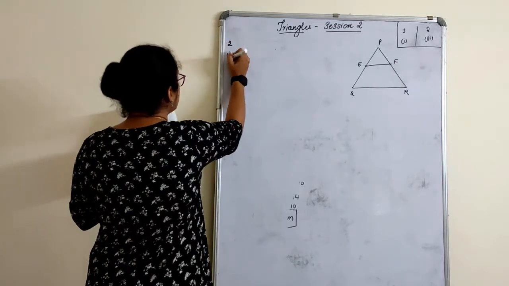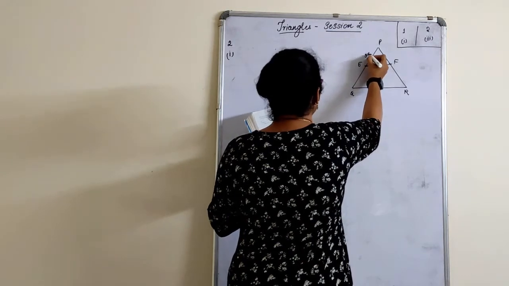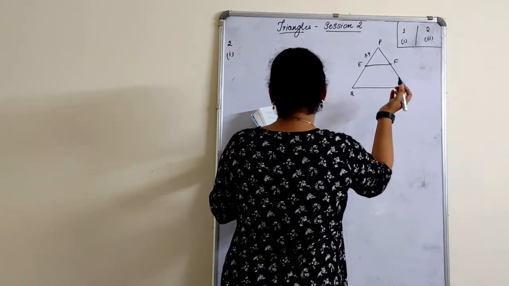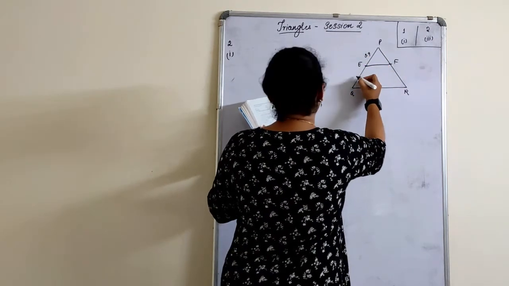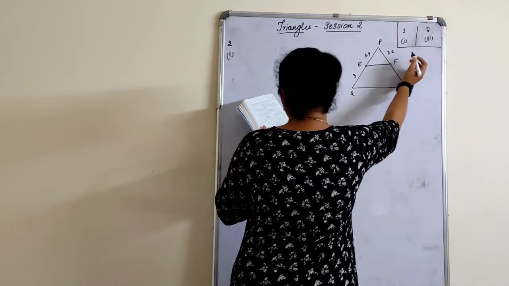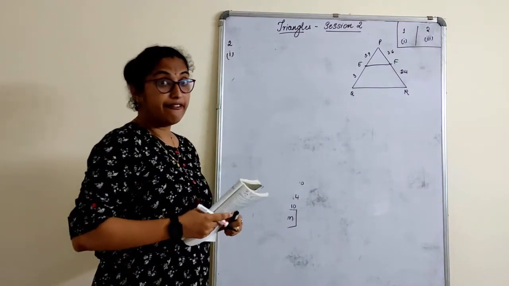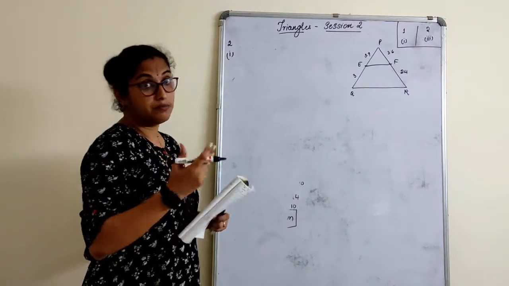Second one, for the first one, PE is equal to 3.9, QE is equal to 3 centimeter, PF is equal to 3.6 and FR is equal to 2.4. They have given everything. We have to check whether these are proportional.